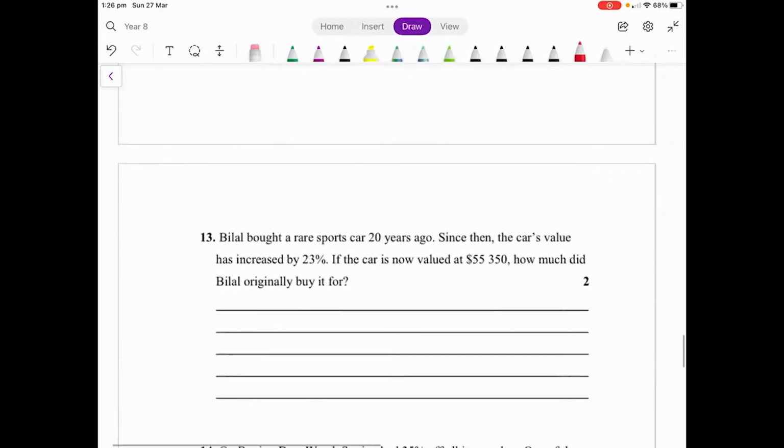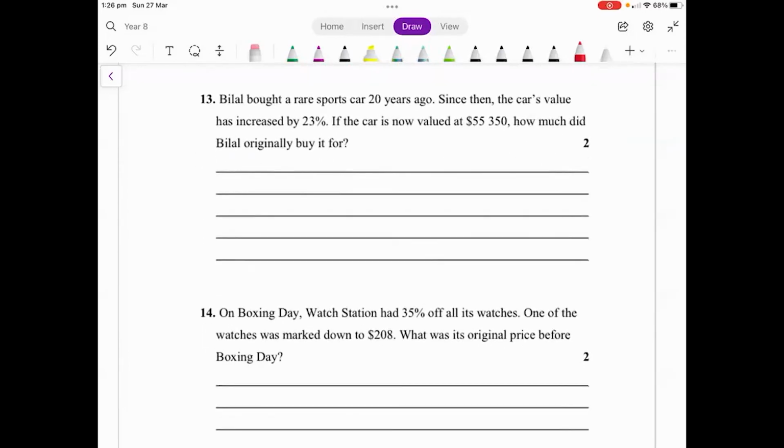Question 13 says that a certain car was purchased and the value has increased by 23%. If the value is now $55,350, how much did you originally buy it for? So you always start at 100%. That's the original price. So that's what we need to find at the end. But it's increased by 23%. So we add it to 100, and that means right now the car is at 123%.